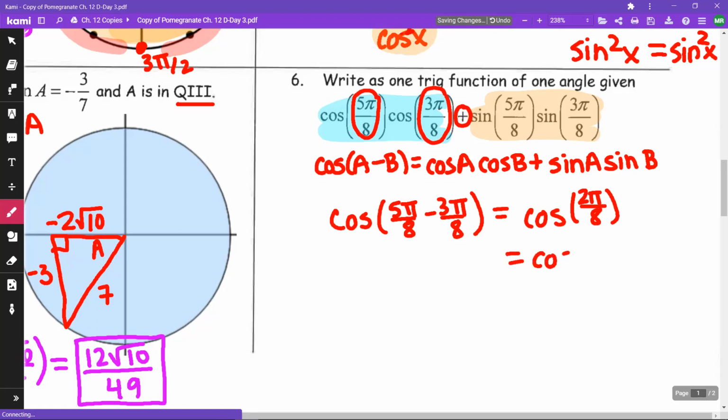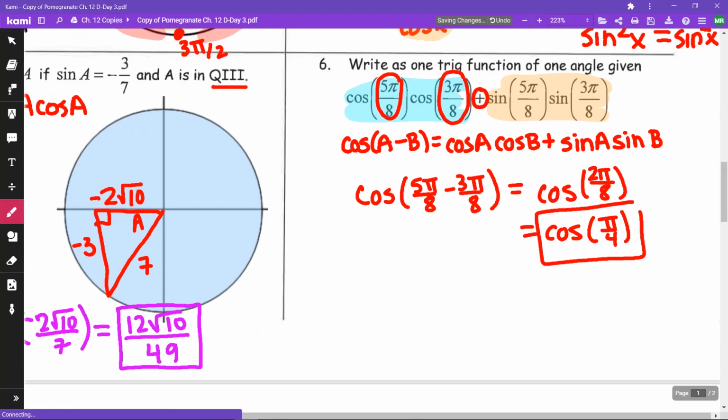So that's really going to be cosine of pi fourths. Now, they asked us just to write it in terms of a single angle. We really could give the answer to that if we wanted to. The cosine of pi fourths is root 2 halves. But again, they asked for it as a single equation.